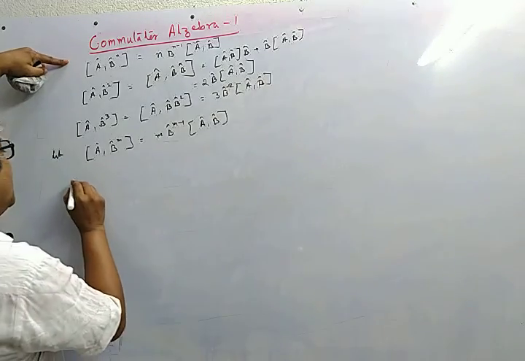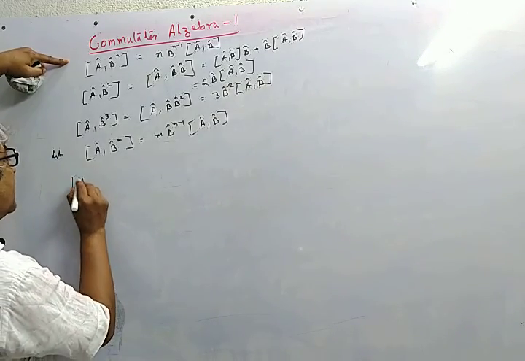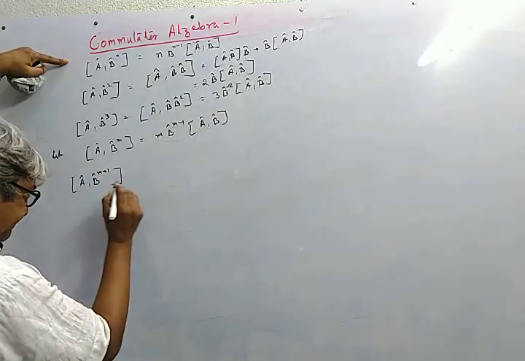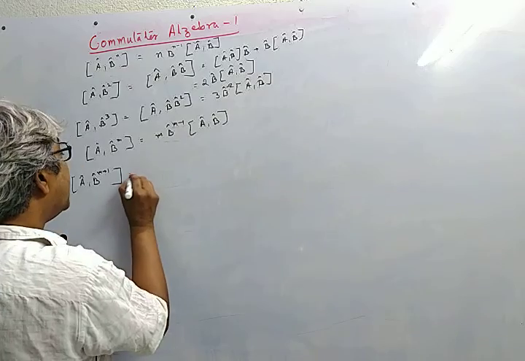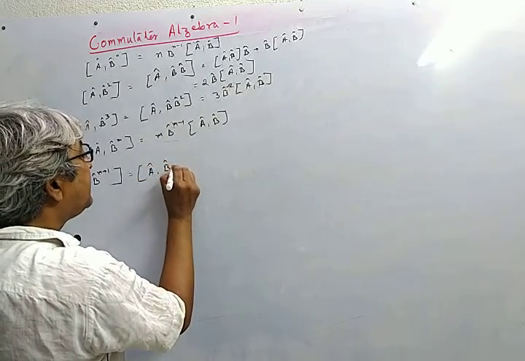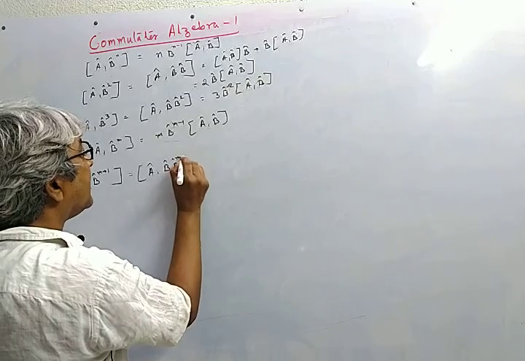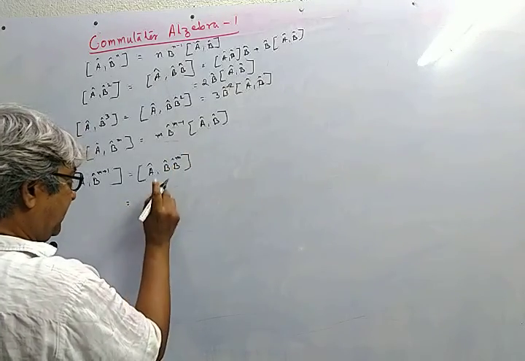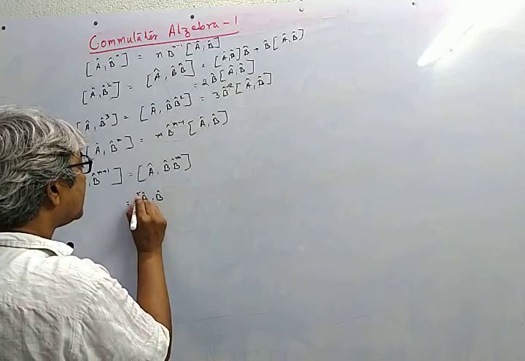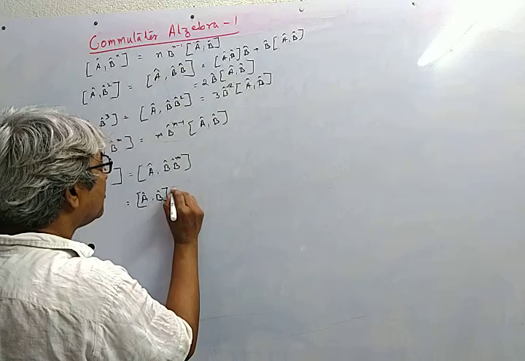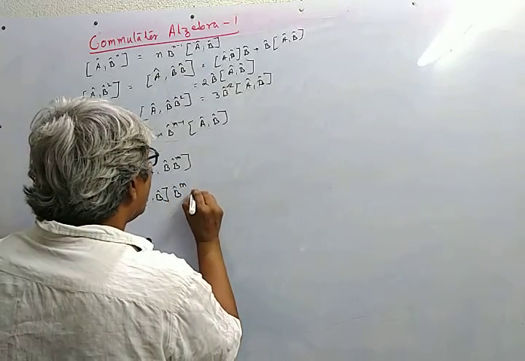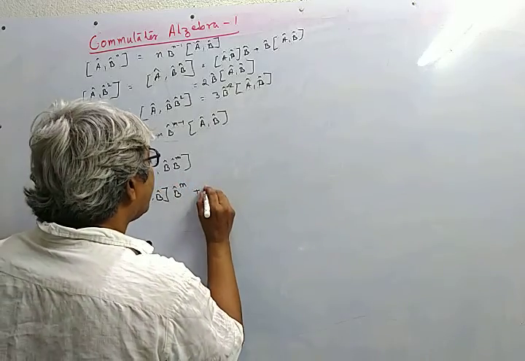Then what happens to A with B to the power m plus 1? We write it as A with B times B to the power m. So it will be the AB commutator, B to the power m will appear from the right, and B will appear from the left.